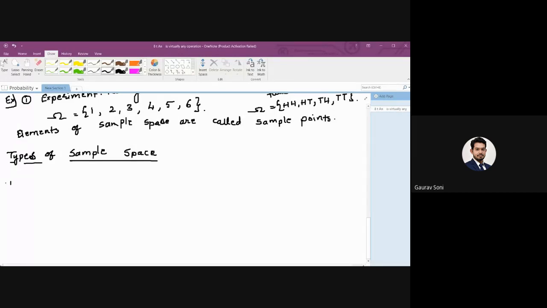The first one, discrete sample space. A sample space containing a finite number of points or countably infinite sample points.